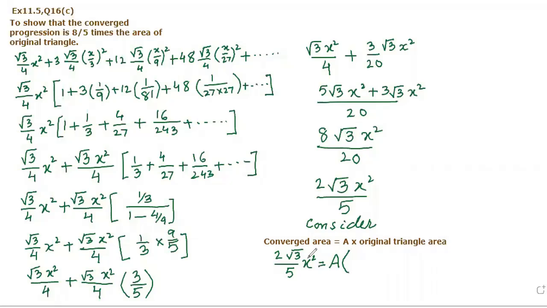What is the area of original triangle? That was under root 3 x square upon 4. So the value of A should be equal to x square, and x square will be cancelled, under root 3 will be cancelled, A will become equal to 8 upon 5.